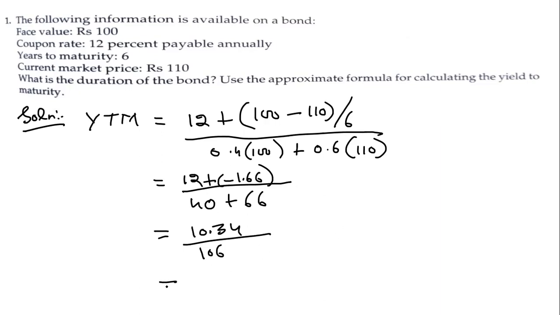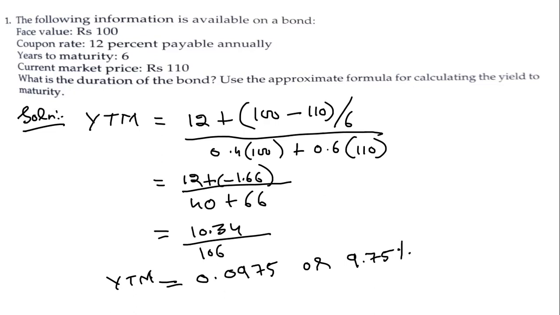So 10.34 divided by 106 is equal to 0.0975, or in percentage if you write, that is 9.75 percentage is the YTM, yield to maturity.